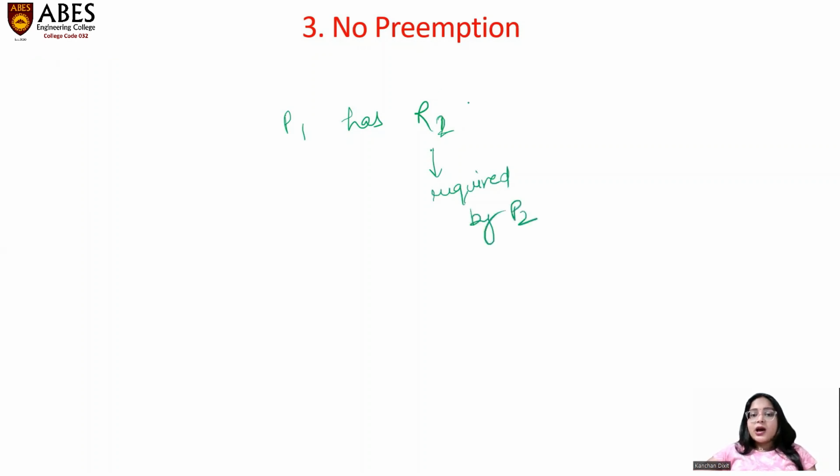But resource R2 cannot be taken back from P1 until P1 completes its execution. So this is the no preemption condition. No preemption means that until a process completes its execution, no resource can be preempted from that process. We cannot take any resource from the process if its execution is not complete.